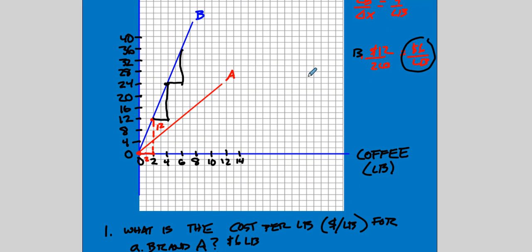Now, if I start at 0 on the other line, let's see what it goes through. Well, it looks like it's going through right there. So for every 2 pounds that's $4.